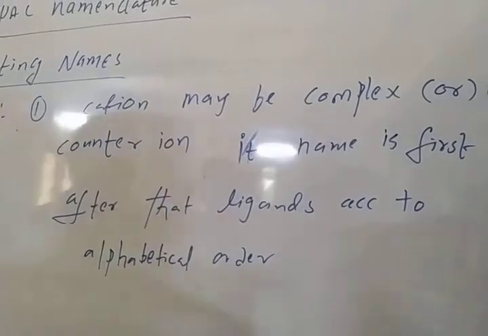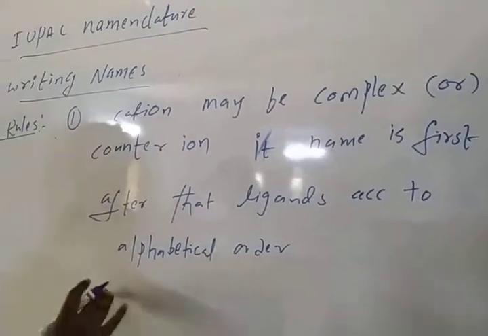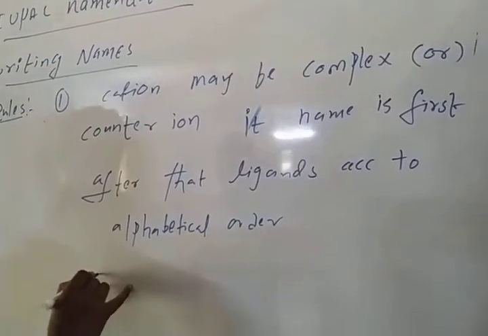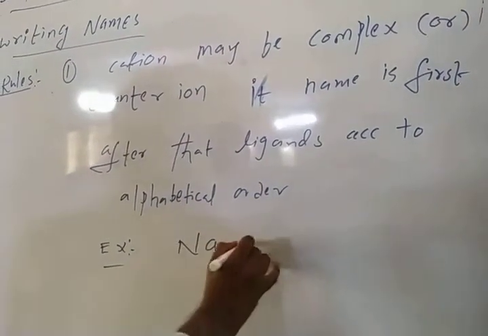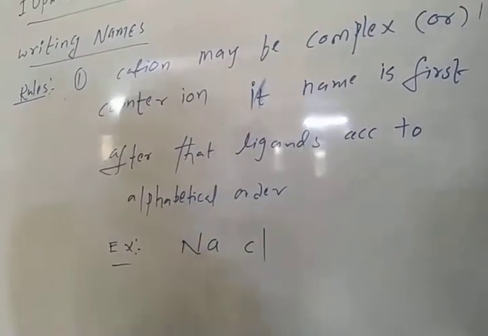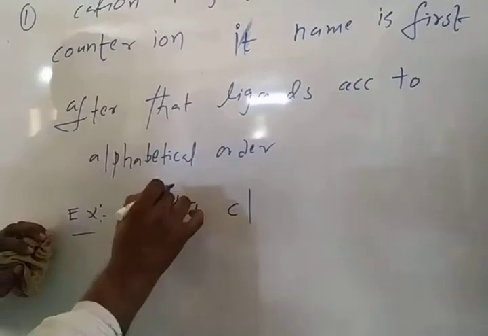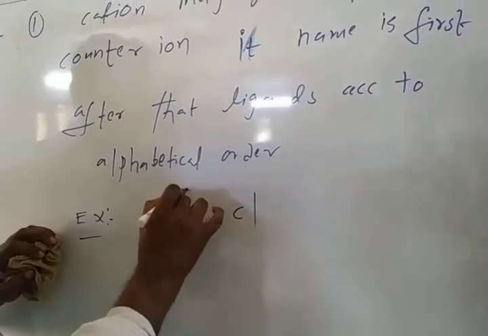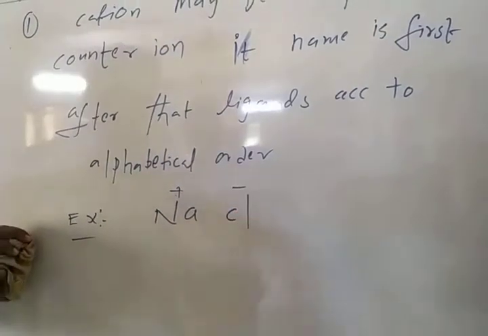So here, for example, sodium chloride. The left side is always the cation, the right side is the anion. Sodium chloride: this is a cation, this is an anion.